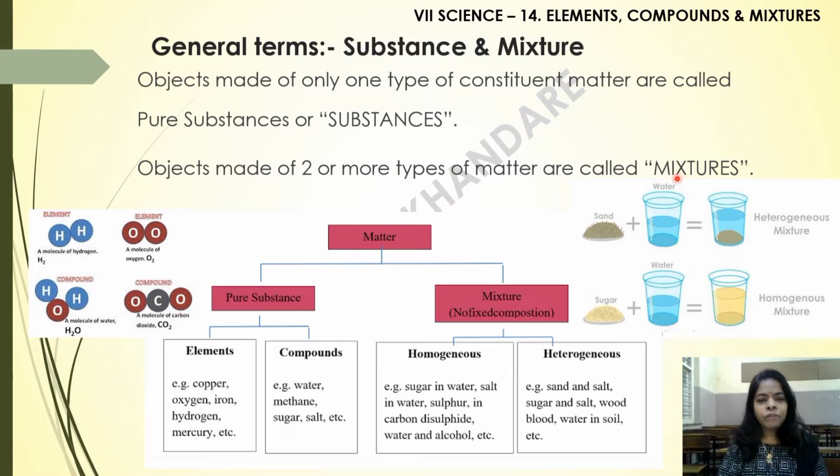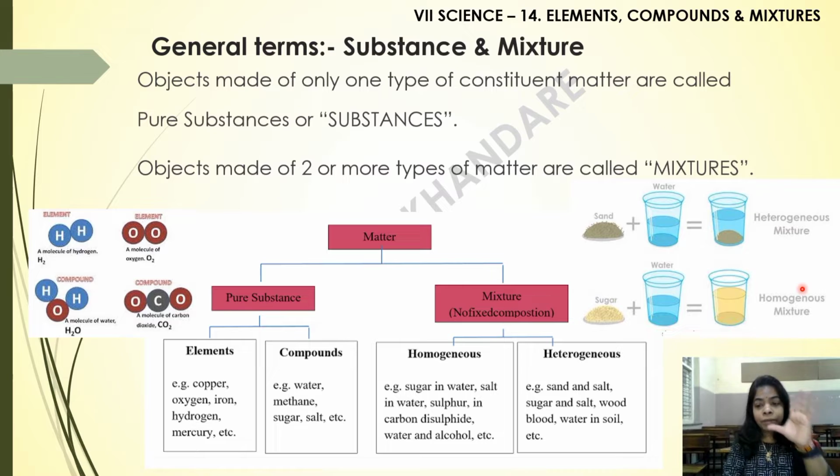For example, if I am taking common salt, it is a compound but it is a pure substance. If I am taking iron metal, it is an element and it is a pure substance also. So pure substance include elements and compounds. And mixtures will include different types of mixtures. Some mixtures are homogeneous and some mixtures are heterogeneous.